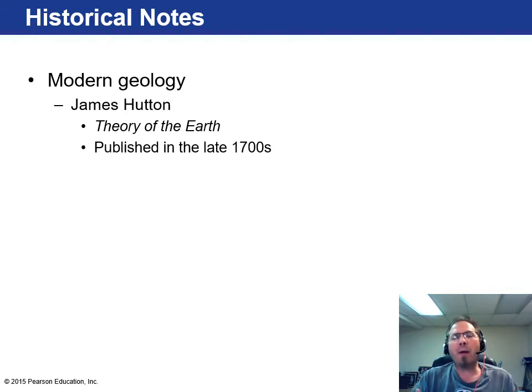The father of modern geology was James Hutton, and he wrote some publications back in the 1700s. He was the one that really started this movement to figure out not just what kind of rocks they are, but how they were formed, in what order, and in which environments.